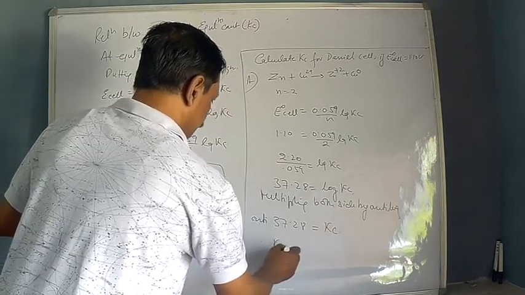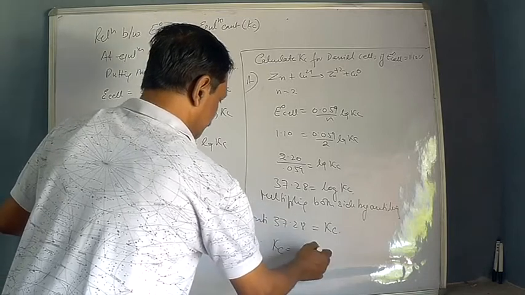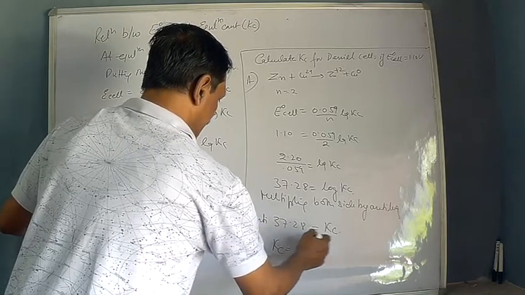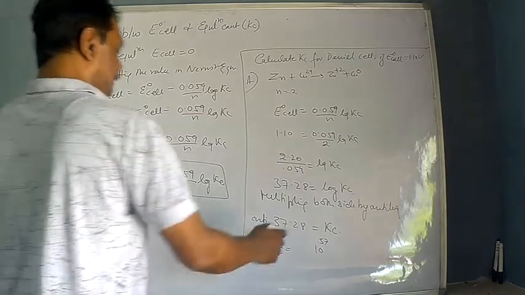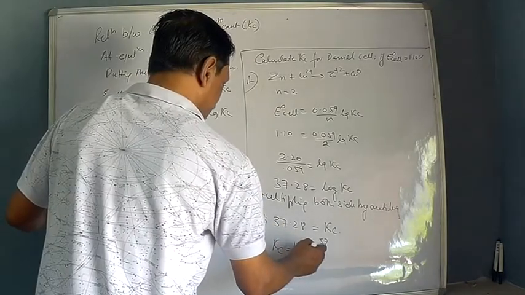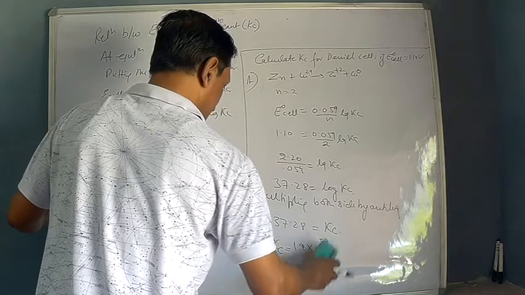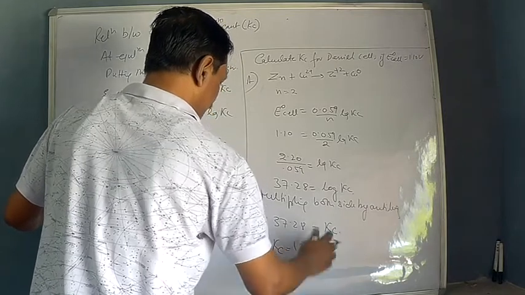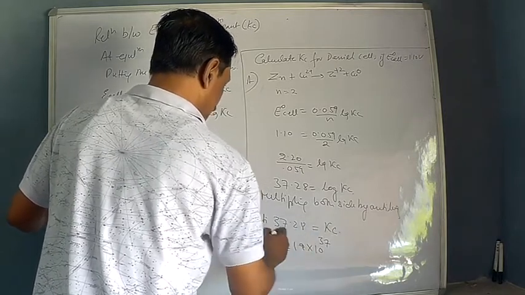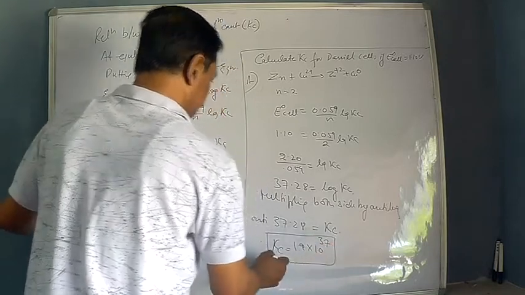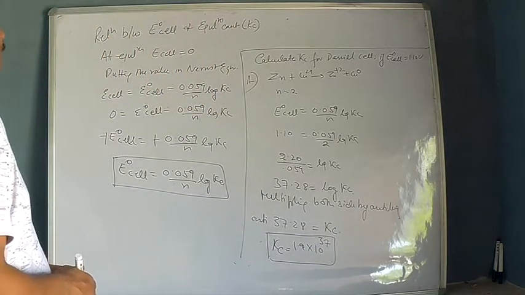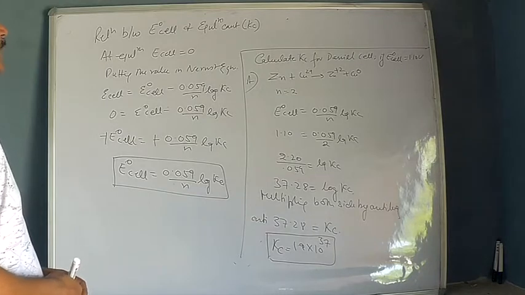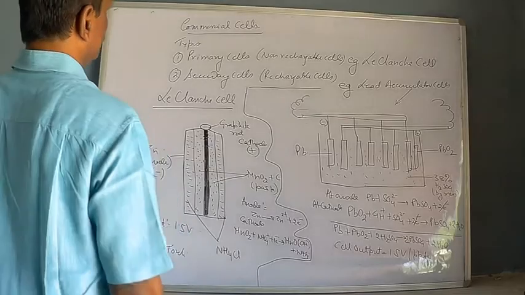Class, 37 will become the power, and if you go through the antilog table, for 0.28 the value comes to 1.9. So ultimately, we get the value of Kc as 1.9 into 10 to the power 37. So this is the way you can solve the numerical of E0 cell and equilibrium constants.